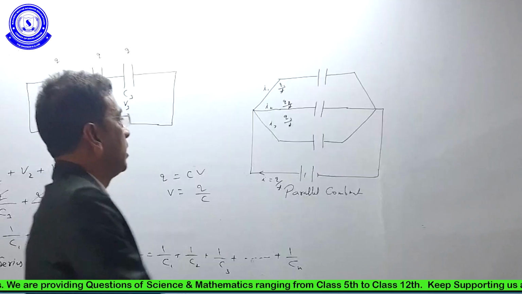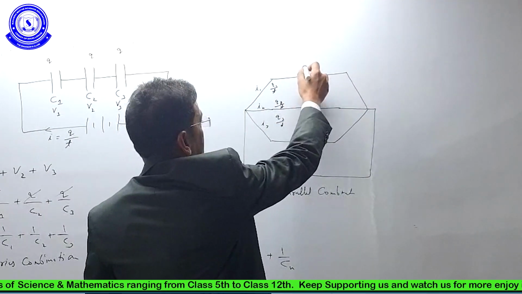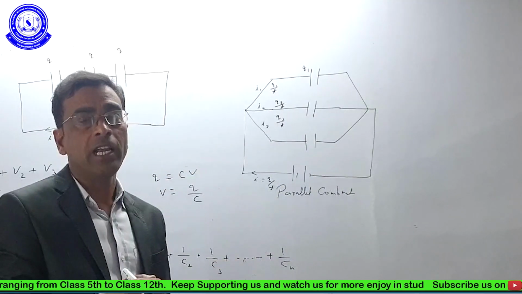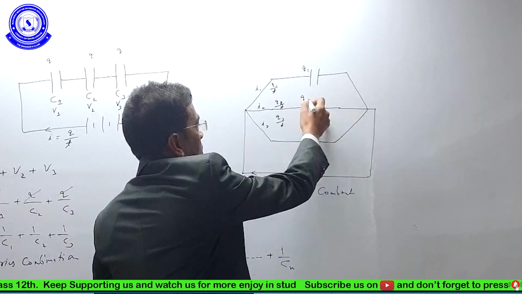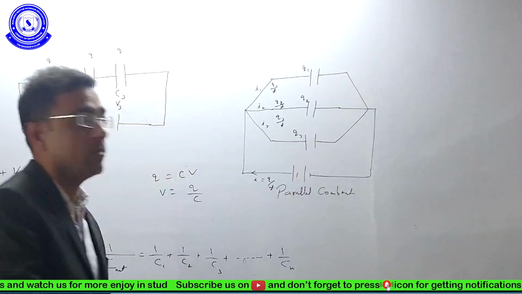Here you can see the charge collected on the first capacitor will be Q1, on the second capacitor Q2, and for the last one Q3.